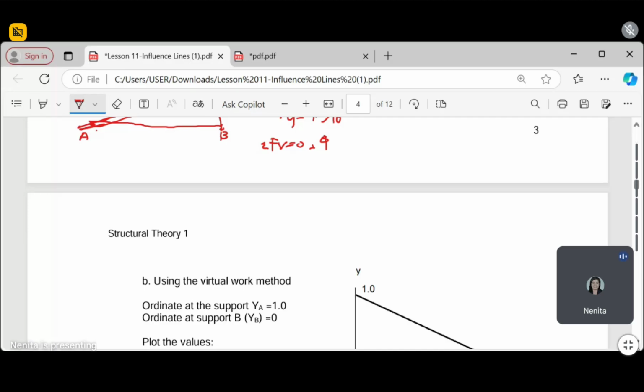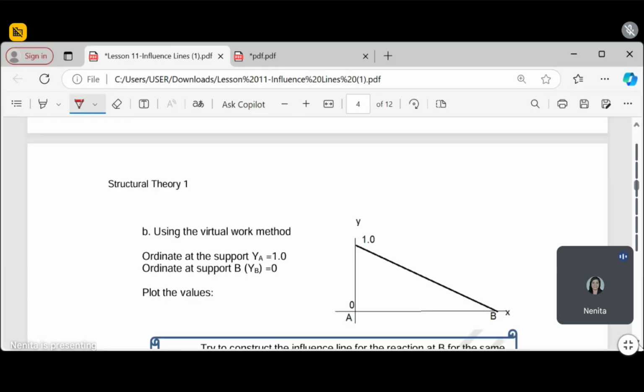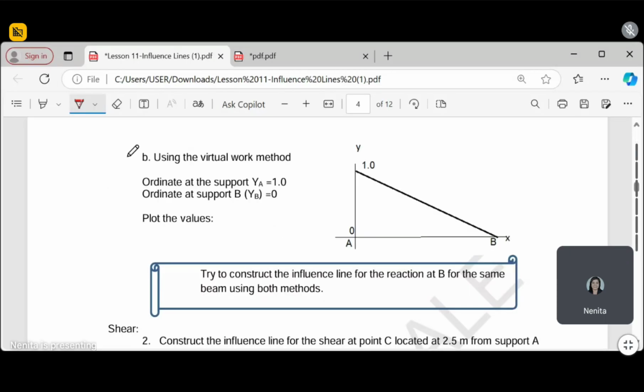And for the virtual work method, class, just memorize it. It's just a matter of memorization. The ordinate at the support, let's say at y sub A, is equal to 1. That is the maximum ordinate. When we say ordinate, that is the y coordinate. When we say x coordinate and y coordinate, we need two values, the abscissa and the ordinate, to get the coordinates of the point.